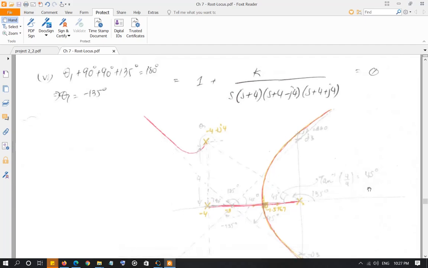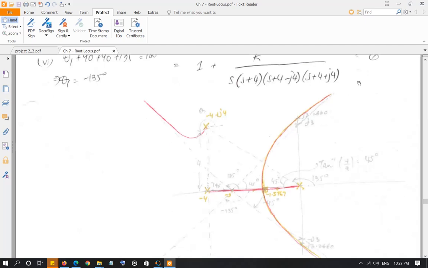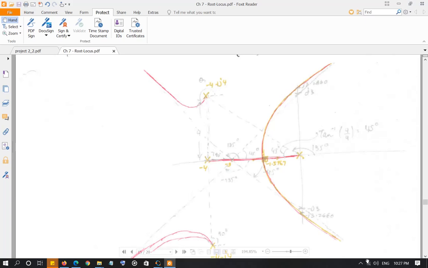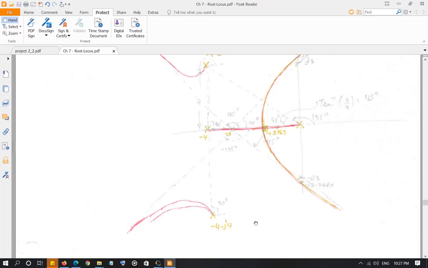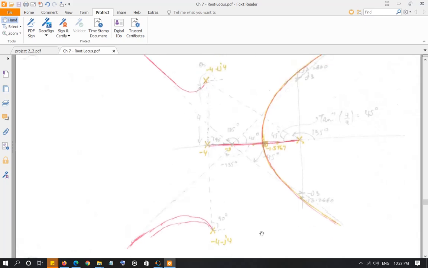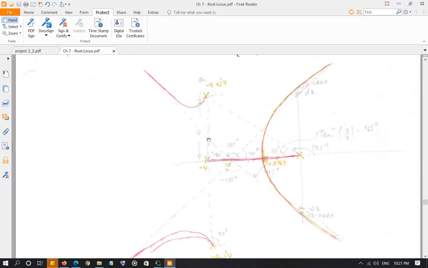So along this line, one zero is sitting right over there, one along this line, one along that line, and one along this line over here. So we know exactly how the curve is going to turn, because it's going to turn along the asymptotes.